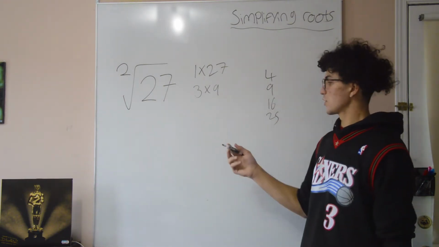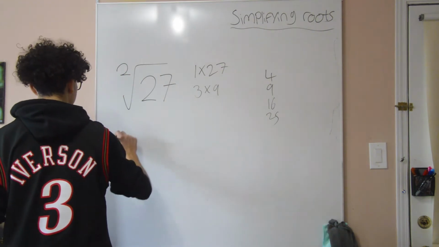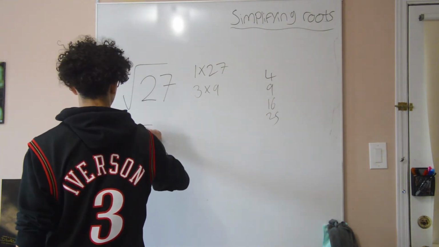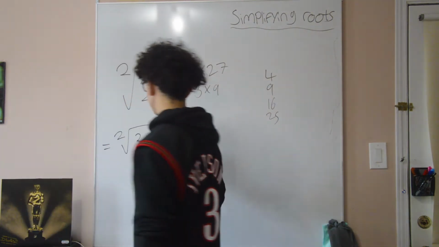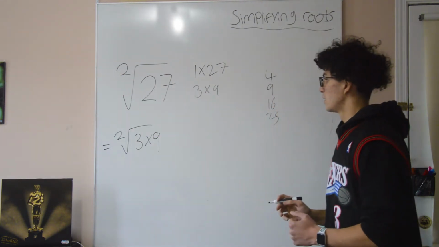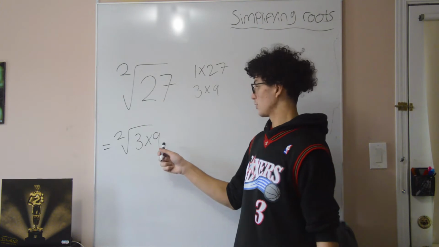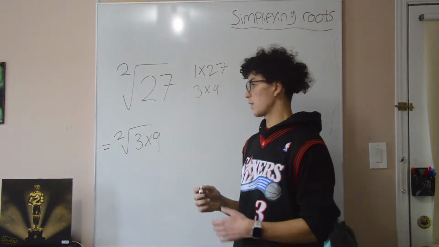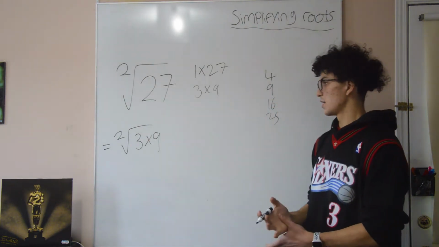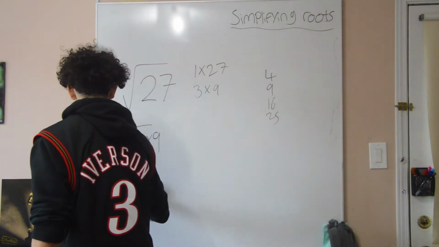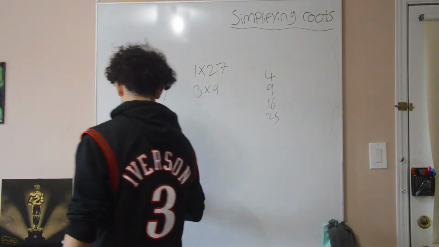This one does. So our next step will simply be to rewrite it, just like that. Now, this 9 right here, we're basically going to take it out and take the root of it to give us 3 root 3.